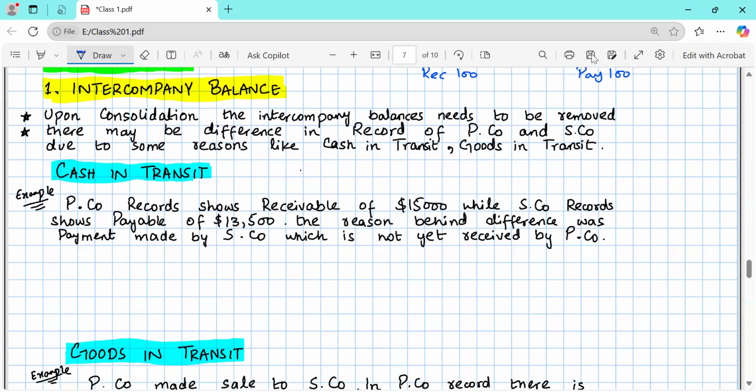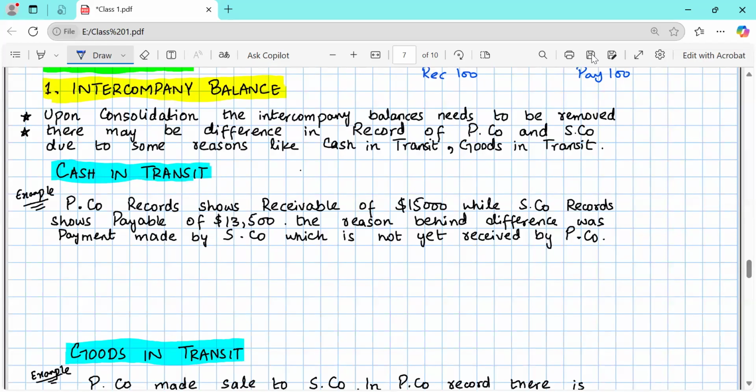The first is cash in transit. In transit means on the way, right? So it means that one company has sent the cash to the other company, but the other company has not yet received the cash, and because of that their balances are different. Got the point? Let's say, for example, the reporting date is 31st December, and on 29th December you send cash, and there was a public holiday for 1 week.